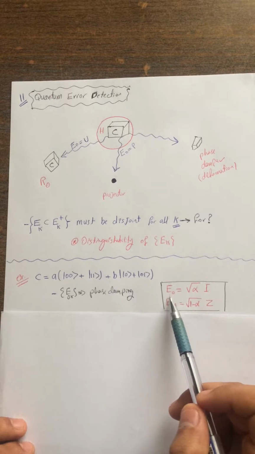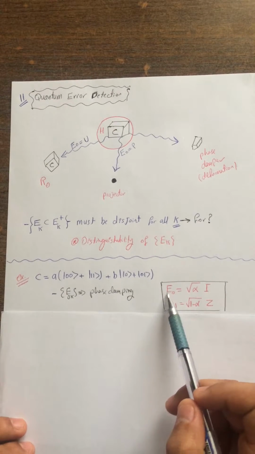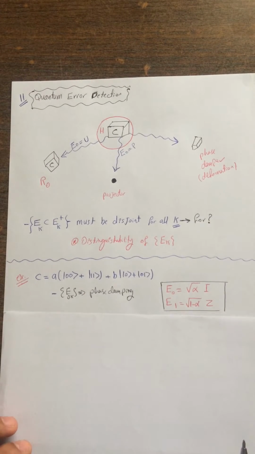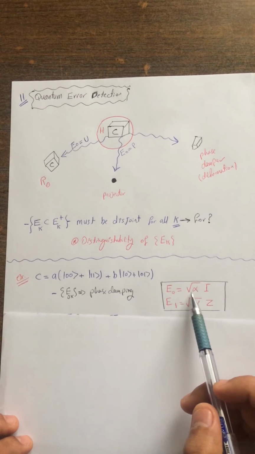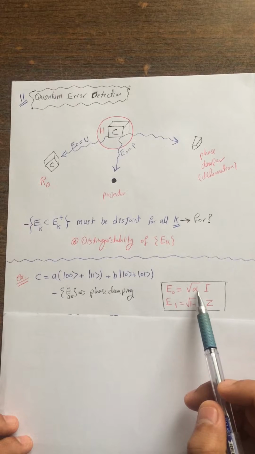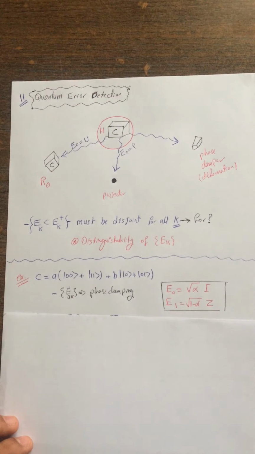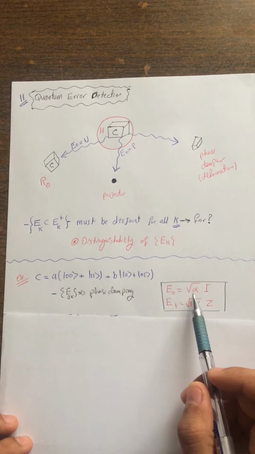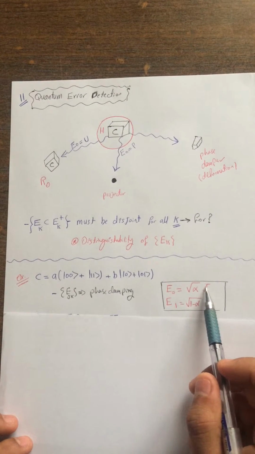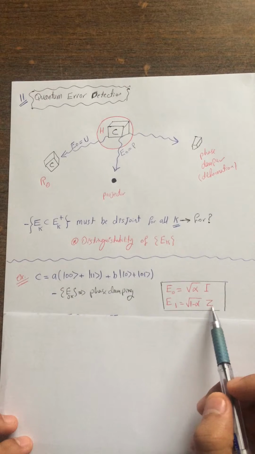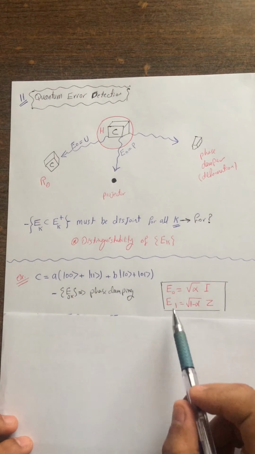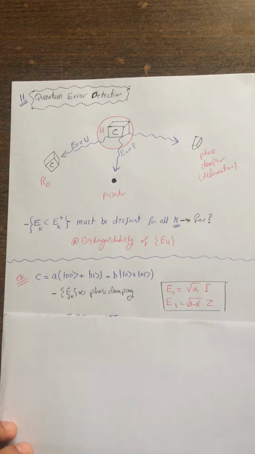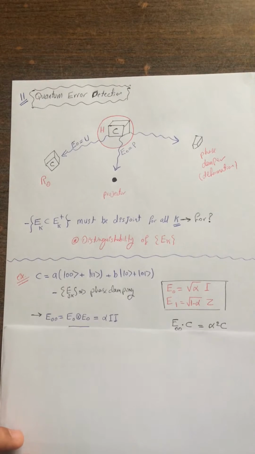We already had that before, that these elements and these errors in the phase damping operation are the square root of alpha, this is alpha instead of lambda. I'm here following Nielsen and Chuang's notation: the square root of alpha times identity, and here the square root of 1 minus alpha times the Z operation, for the error operation for 1. And let's apply that.